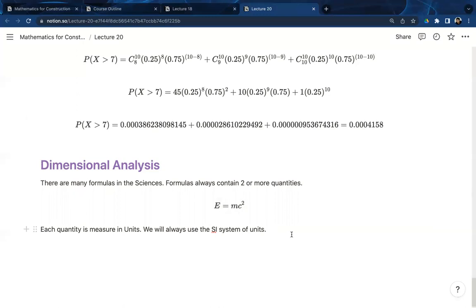So we have an idea of formulas, and formulas usually have quantities in them. Each quantity is measured in units, and we have some units in physics, we call them fundamental units, or base units. All other quantities are given units based on these things, right?